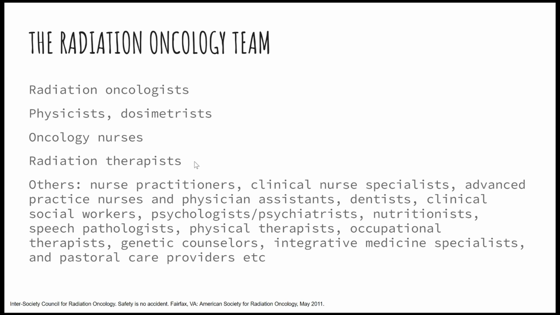These are the people who actually sit at the console of the machine and do the treatment delivery. Then we have other allied forces: nurse practitioners and physician assistants, dentists, extremely important, psychologists, psychiatrists, nutritionists, again very important, physical therapists, speech therapists, integrative medicine specialists, etc.